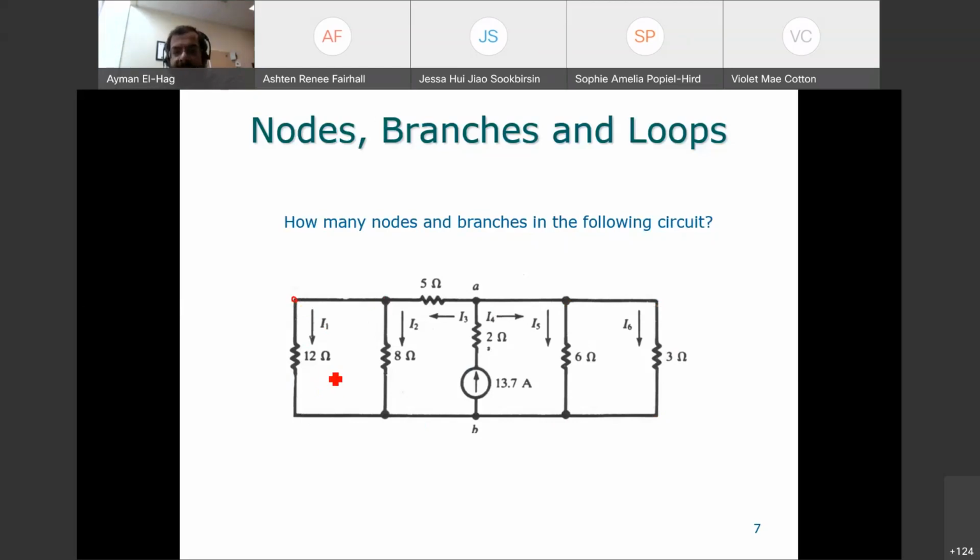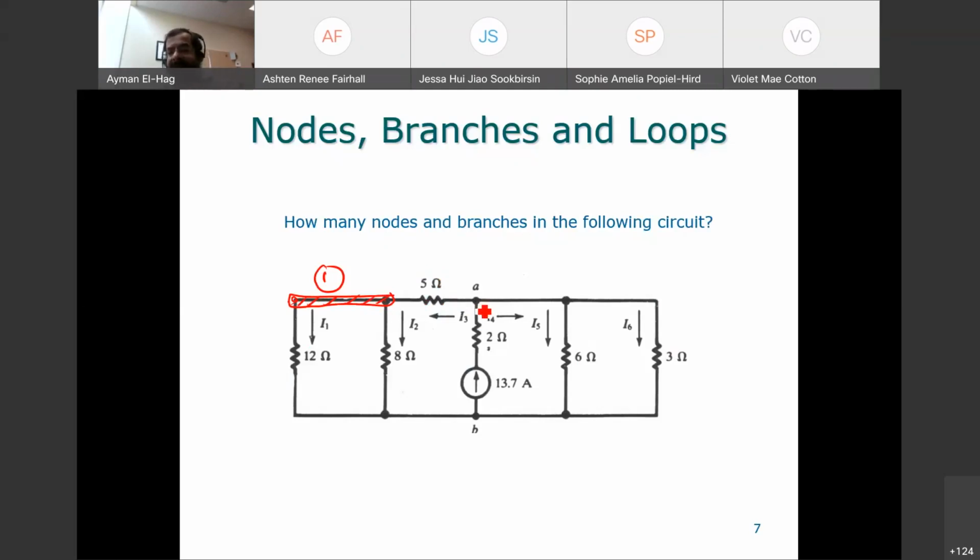No, it's not. This and this are the same point. Why? How do I know? Because there is nothing in between. There is no branch between. So this and this will be all the same point. This is 1. Will this and this be the same point? No. Why? Because we have 5 ohm in between. So this is a different point.